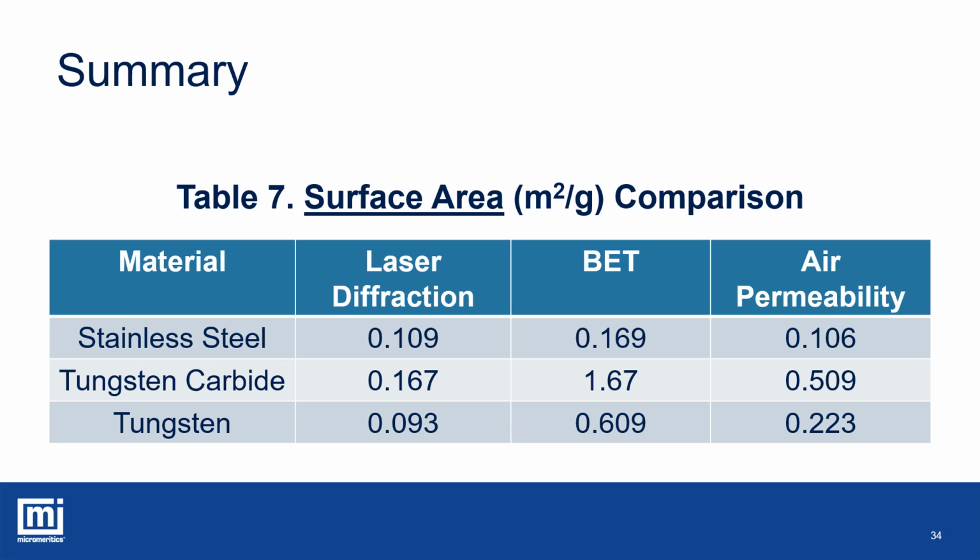We can see higher surface area results from BET, and lower surface area results from laser diffraction and air permeability. Air permeability was not as low as the laser diffraction results, but it was still a little bit lower than BET analysis.